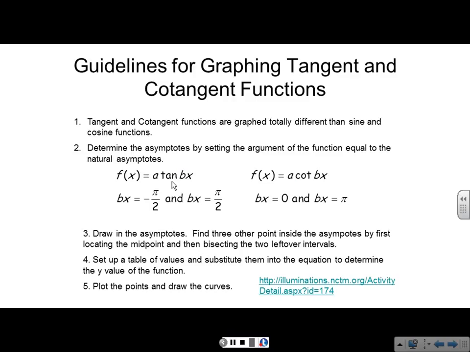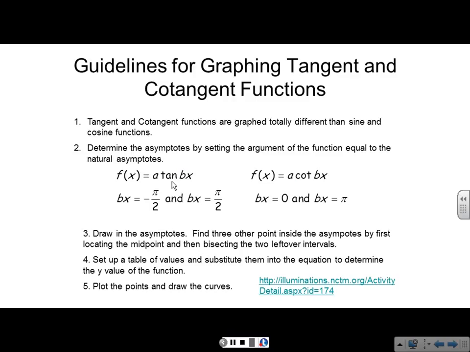And so when we do that, we get an asymptote at negative pi over 6, and we get an asymptote at pi over 6. So basically our graph has to be between those two marks. So we have an asymptote at negative pi over 6 and an asymptote at pi over 6.